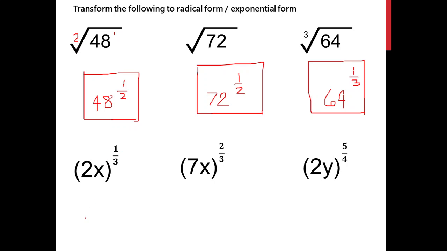So writing this one, since this is 3, it's a cube. Copy the base, which becomes your radicand, and then the exponent. Simplifying this one using the law of exponents, distributing the power would give you the same answer as 2x.